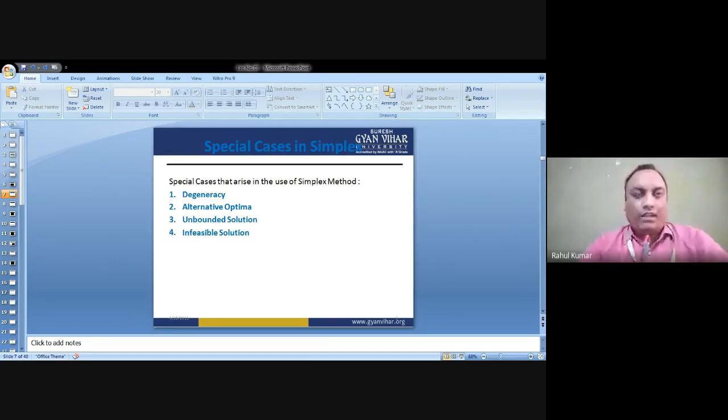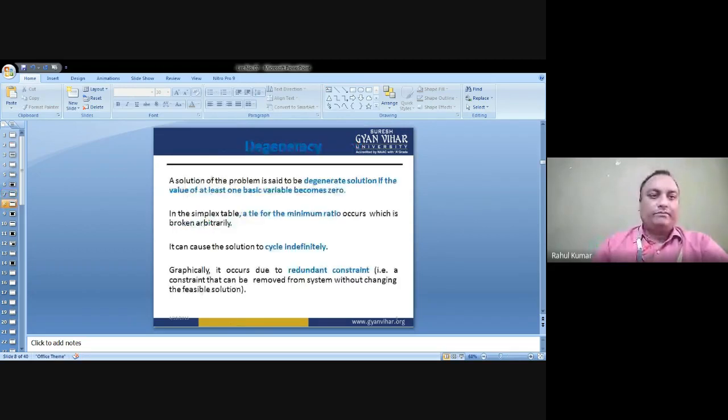If one tabulation is failed, then go to the second tabulation, and this tabulation gives the entering variable. Here the entering variable is identified. The corresponding column is marked as a pivot column, as shown in the next example problem.